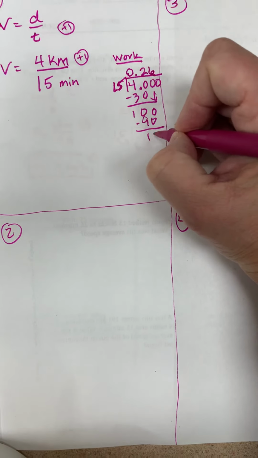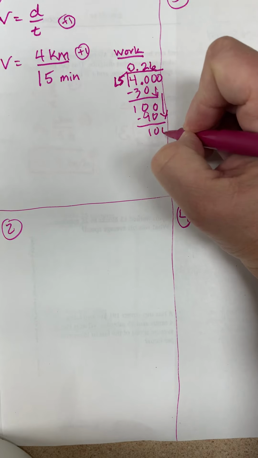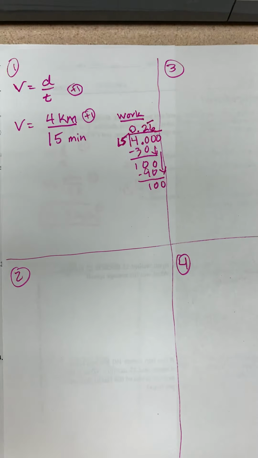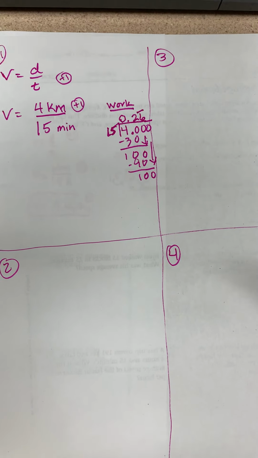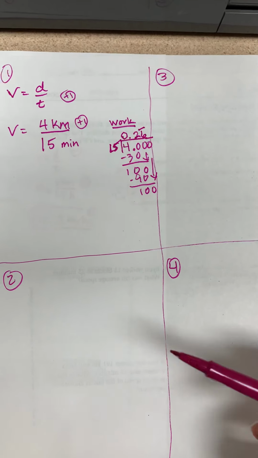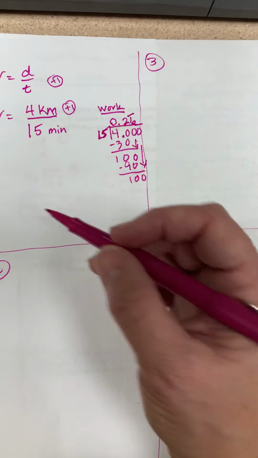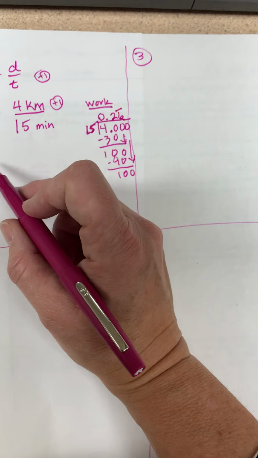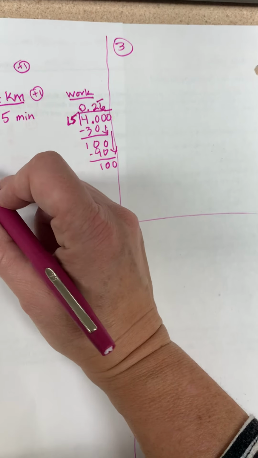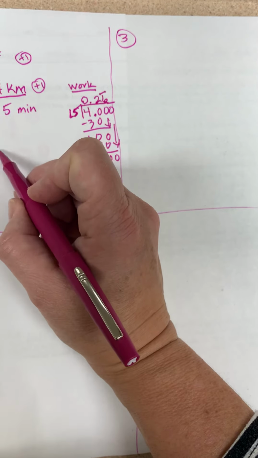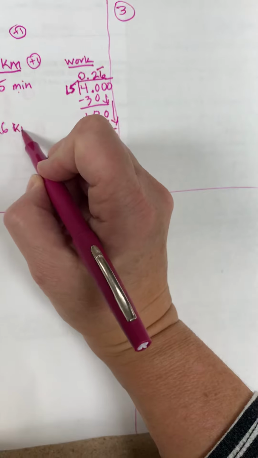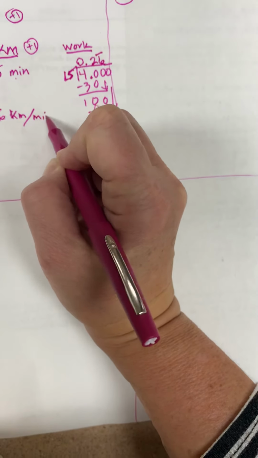Subtract. Again, you're going to end up with a repeating decimal, which tells you 0.26 repeating rounds to, and we don't use repeating numbers in our answers in science, so we round to the hundredth. So the average speed for Francisco, V, is 0.26 using the units kilometers per minute.